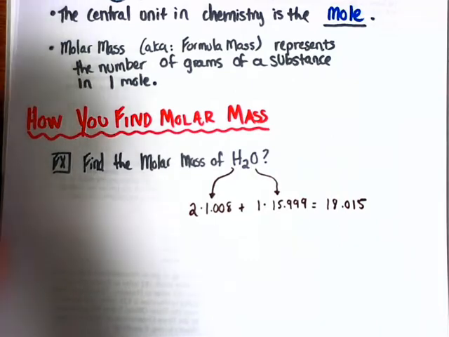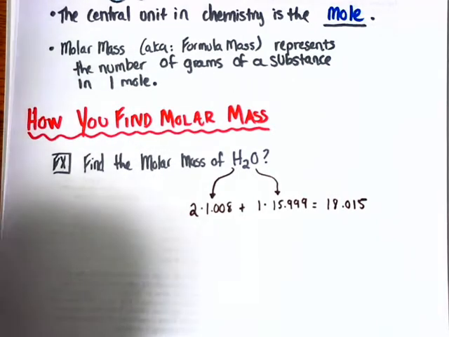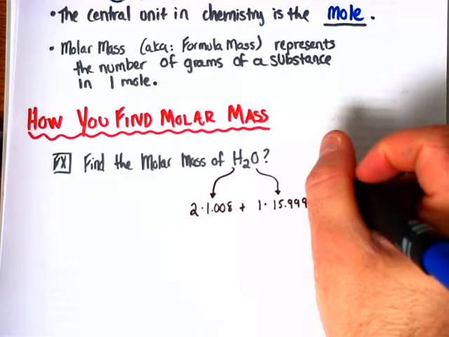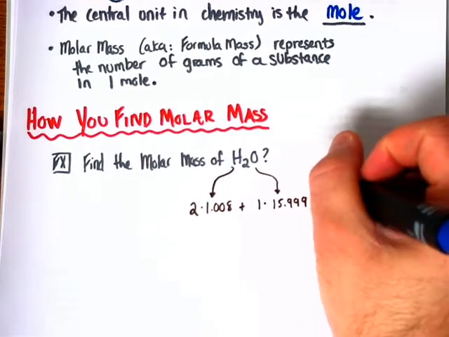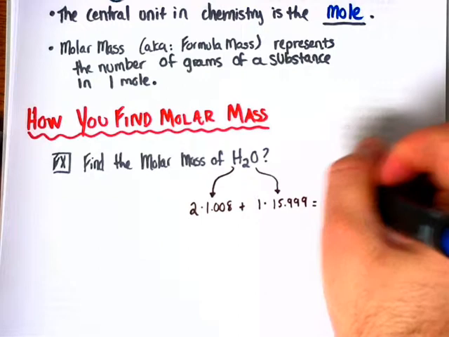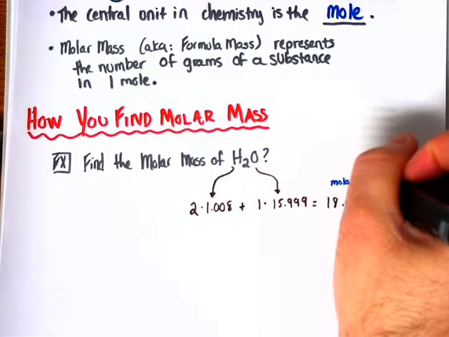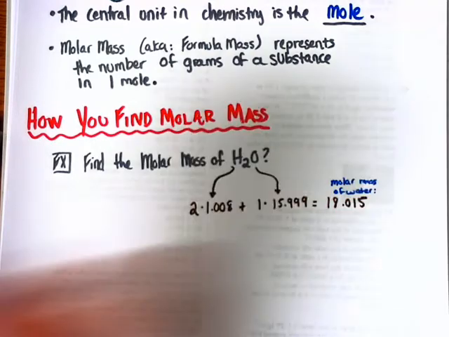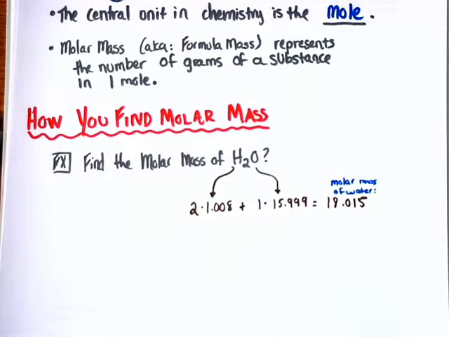This number that we have just got is going to represent the molar mass of water, I'm sorry, not oxygen. That's the molar mass of water, 18.015. That is an 8 there.